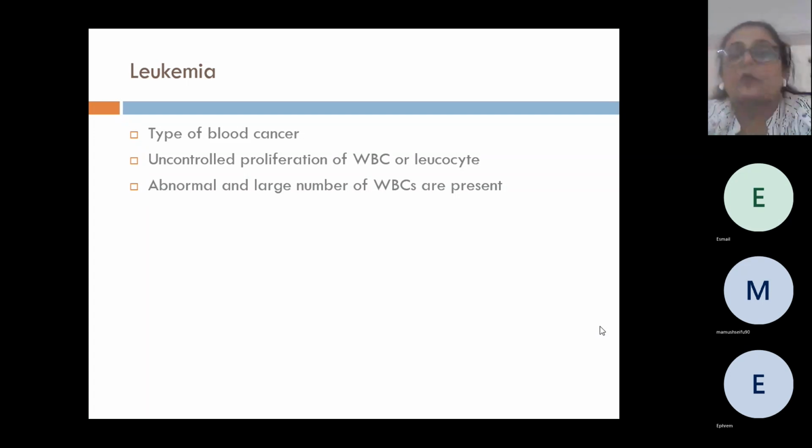What do you mean by uncontrolled proliferation? When the WBCs grow huge in number, which cannot be controlled. Proliferation is multiplication of cells. So multiplication of WBCs is uncontrolled, which is beyond control. Then a condition called leukemia arises, which is a type of blood cancer.